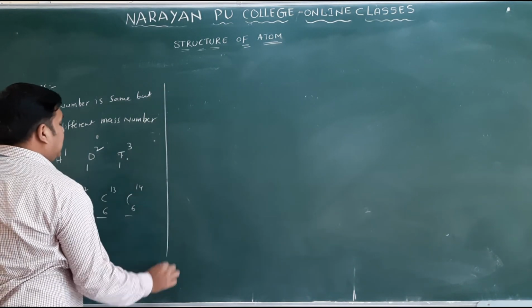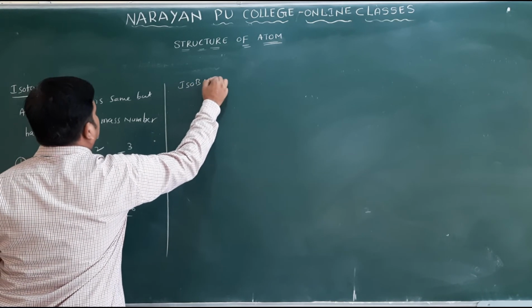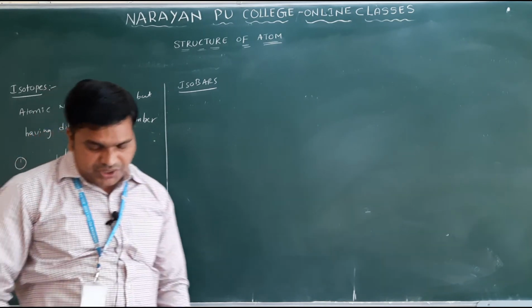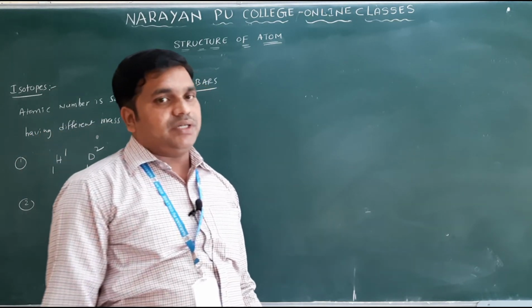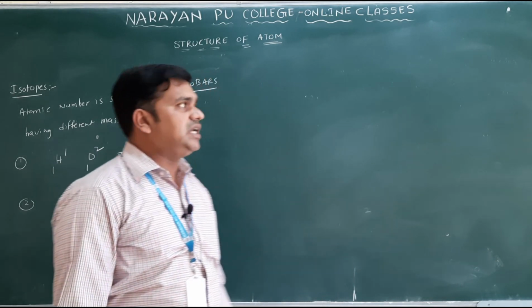And the second one we have is isobars only. What are isobars? Isobars means elements having the same mass number but different atomic numbers only.